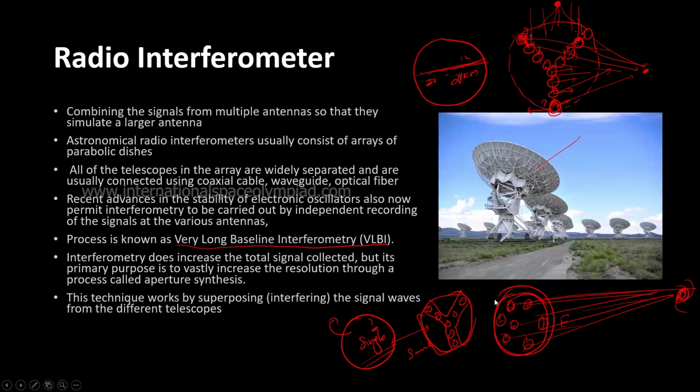So that is about very long baseline interferometry. And this project of imaging the black hole is called the Event Horizon Telescope, EHT.